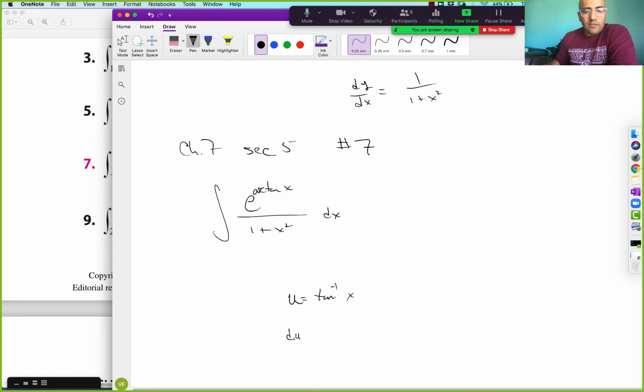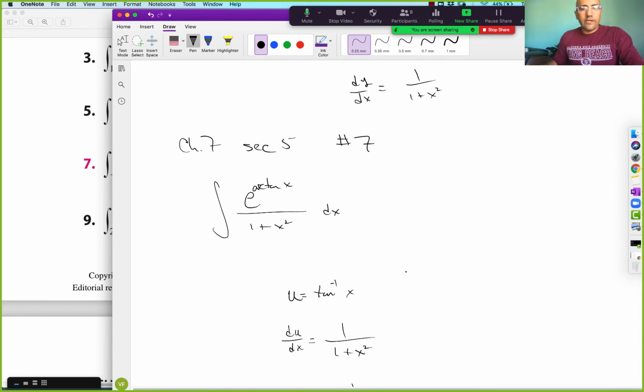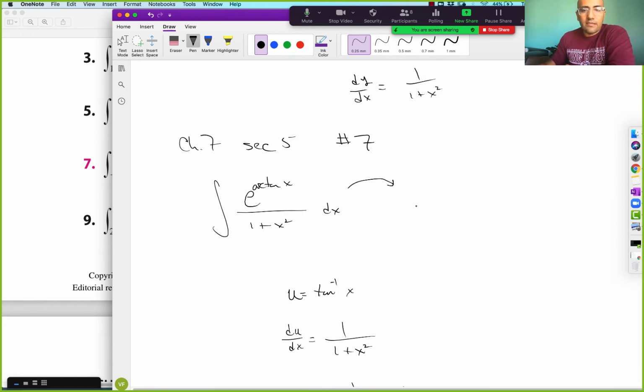Therefore du dx is equal to 1 over 1 plus x squared, so du is equal to 1 over 1 plus x squared dx. And we're ready to go. This is the same thing as the integral of e to the tangent inverse of x times 1 over 1 plus x squared dx.